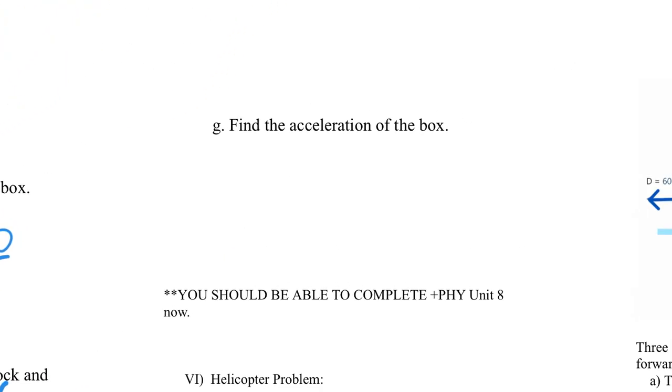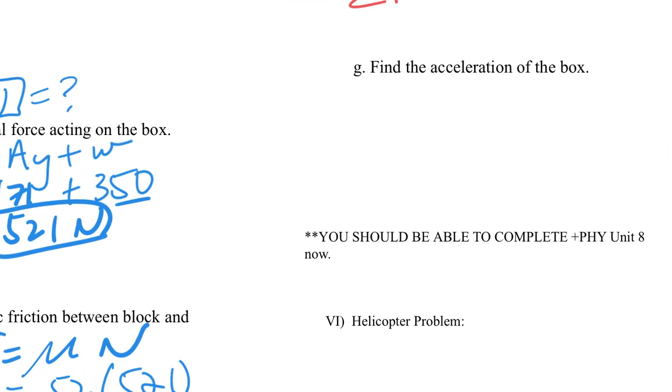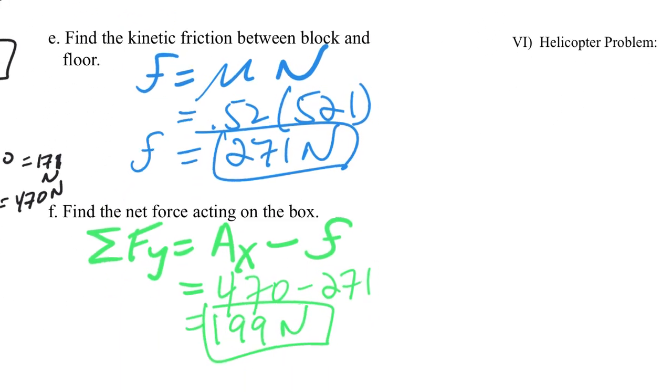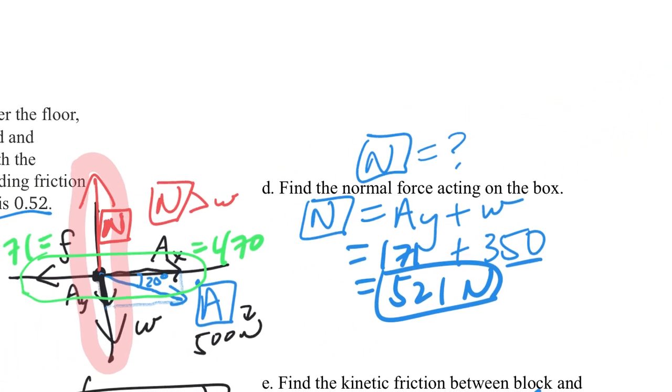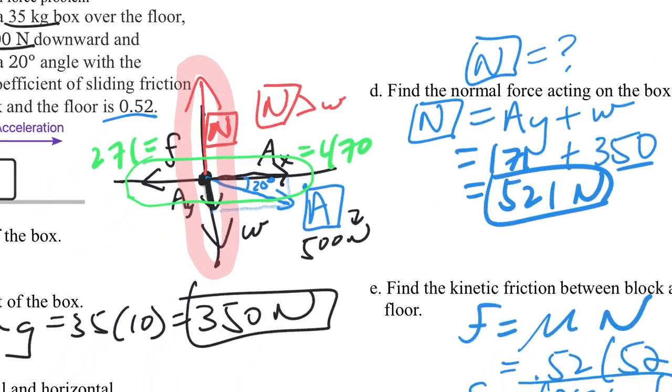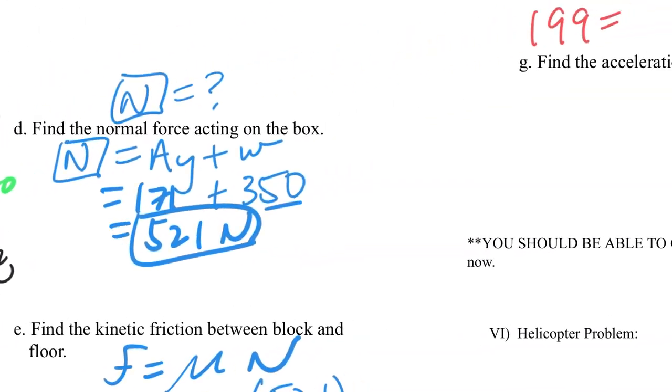Therefore, let's find the acceleration. Then we're done with this first section. Okay. We can use kinematics, but I don't have enough info, so I'm going to use the second law of motion, the law of acceleration. So F net is 199. The mass is 35.